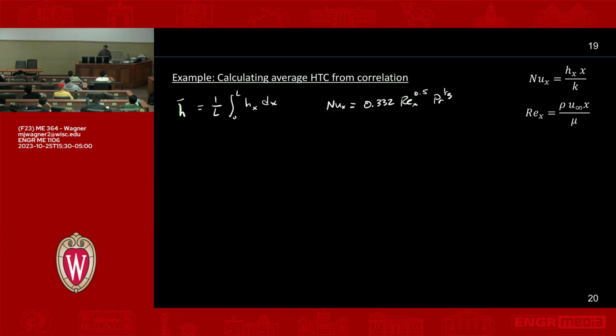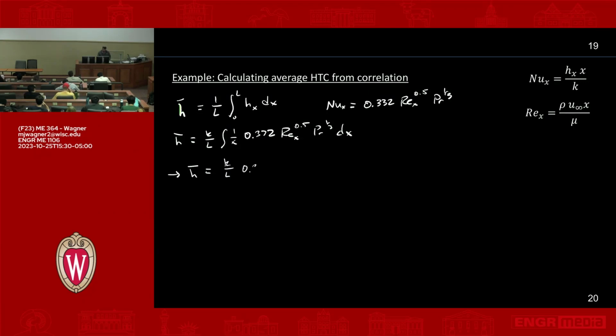So what you would basically do here is combine this, where h bar is equal to k over L times the integral of 1 over x times 0.332 Re x to the 0.5 Prandtl to the 1/3 dx. I can bring a bunch of stuff out, and so h bar is equal to k over L times 0.332.